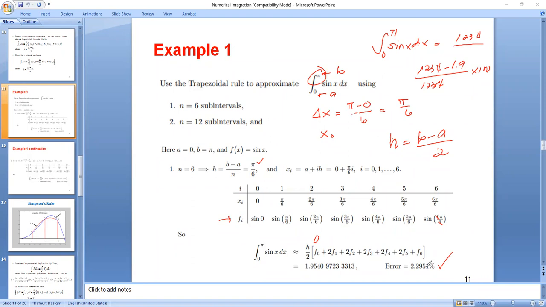If your difference is negative, just get the absolute value because you're just looking for the error. The sign is immaterial. Okay, miss.